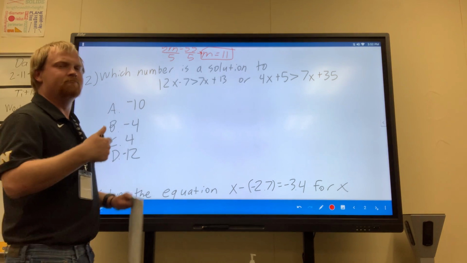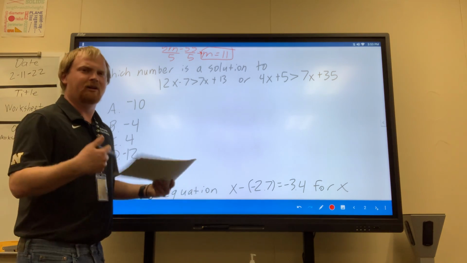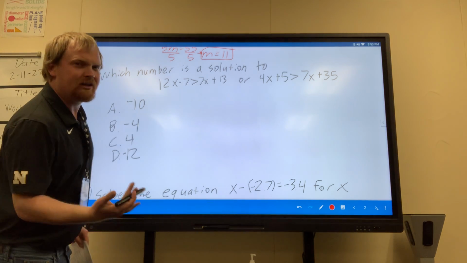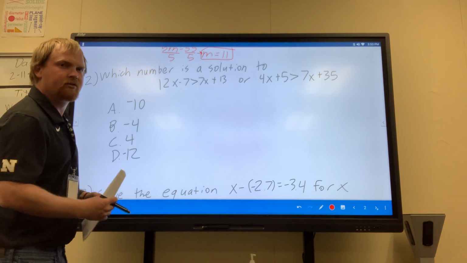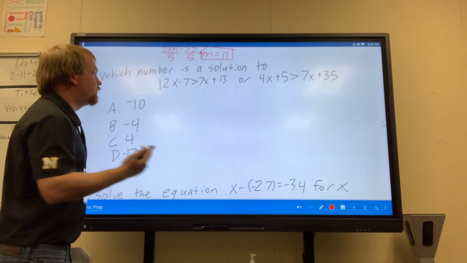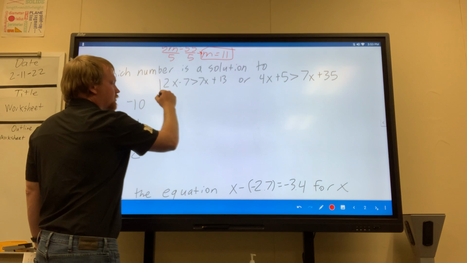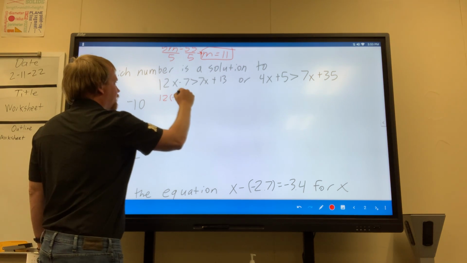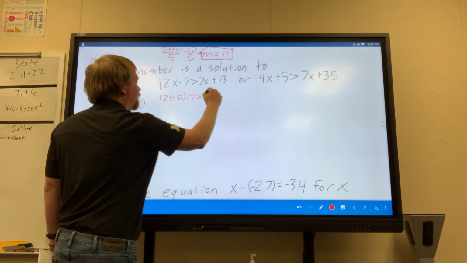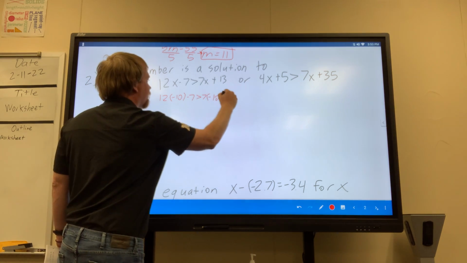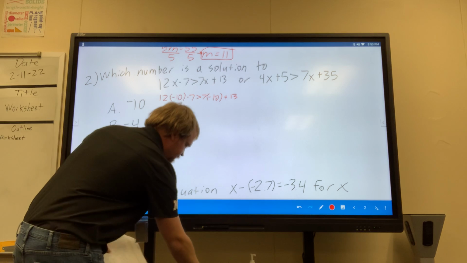One idea is, instead of actually solving it, let's plug in the values and work out the inequalities. So for example, I can do 12 times negative 10 minus 7 greater than 7 times negative 10 plus 13.